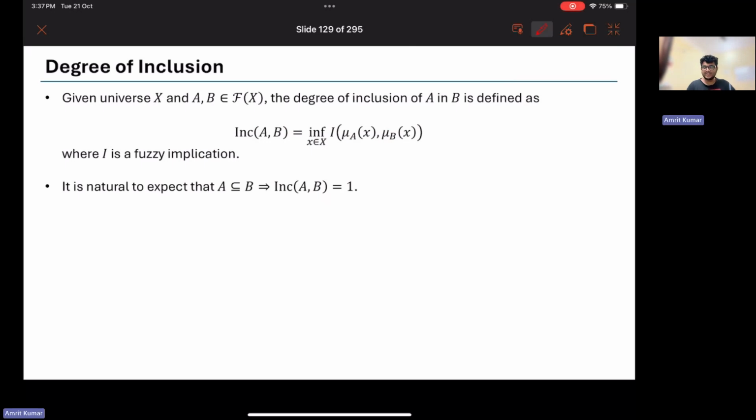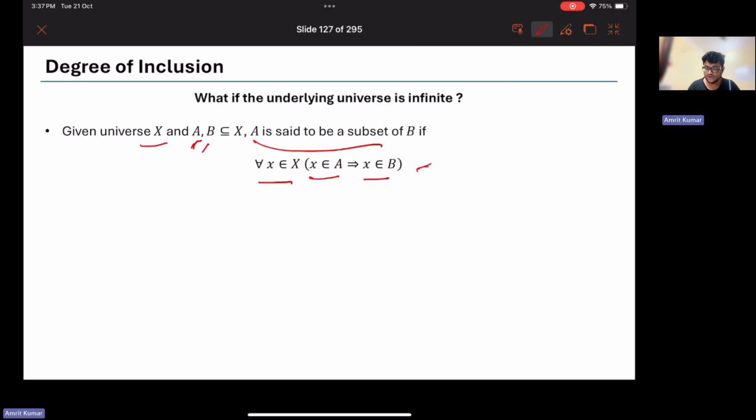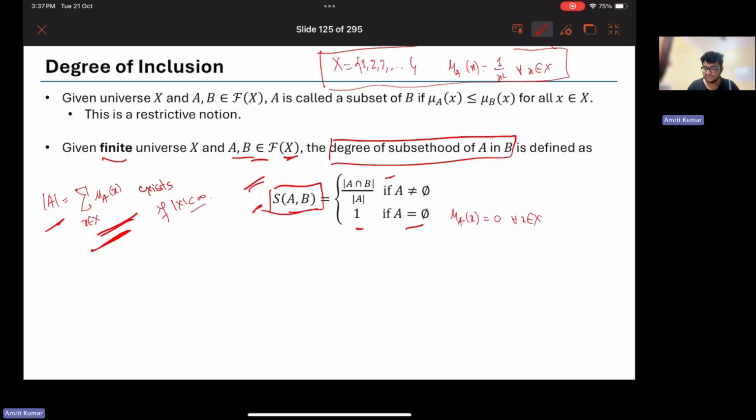Now, we have already seen Zadeh's definition of when a fuzzy subset A is called a subset of some fuzzy subset B, right? So this definition was proposed by Zadeh, and we have already seen that this is a restrictive definition, but it's a definition that is used nonetheless in many settings.